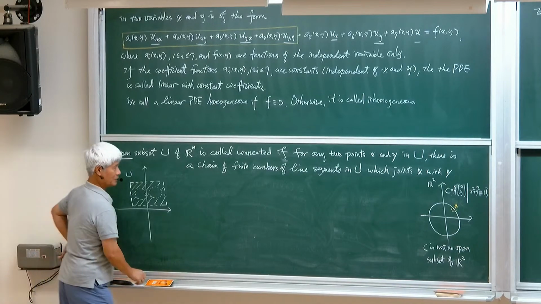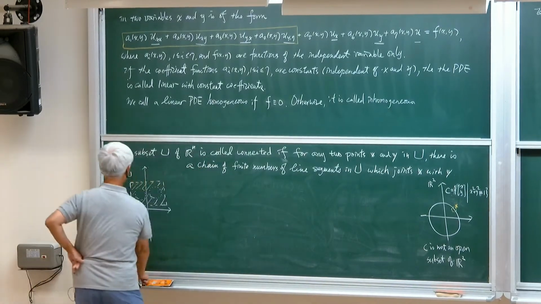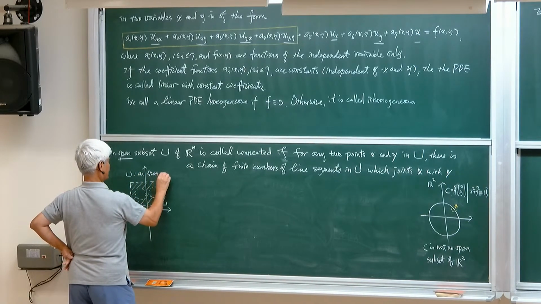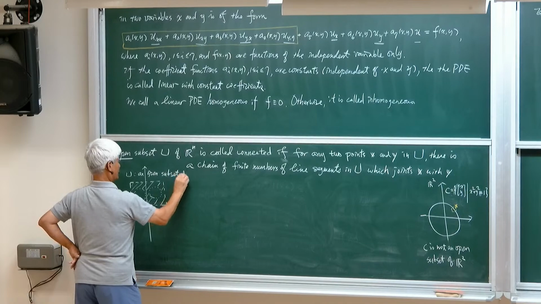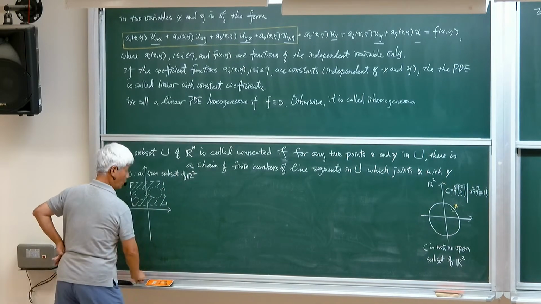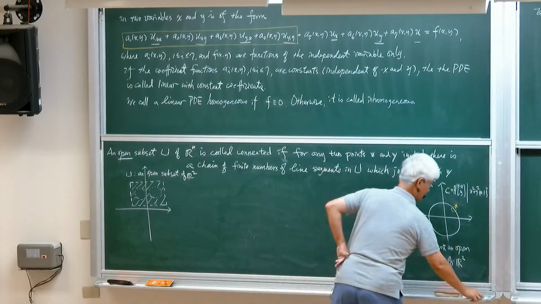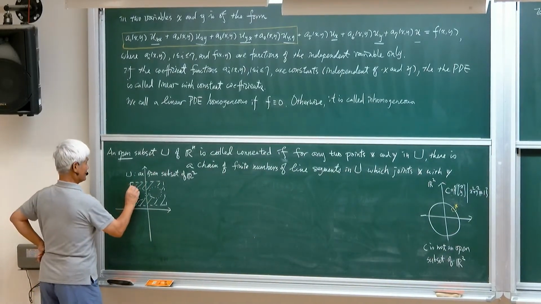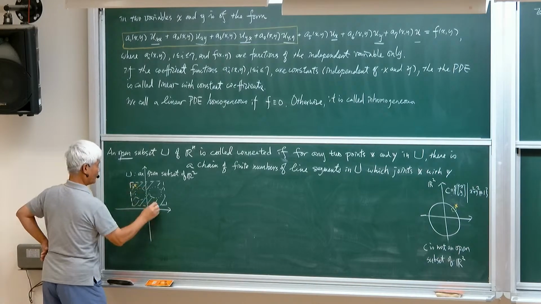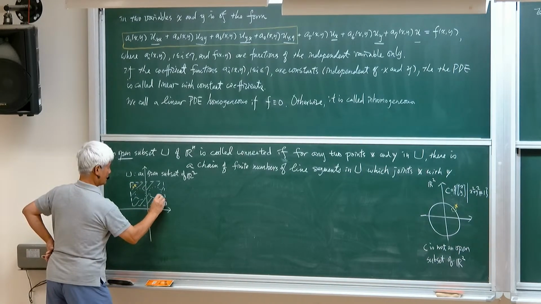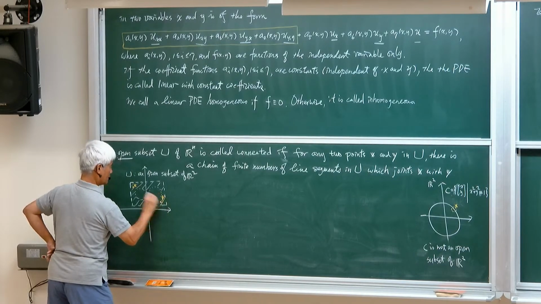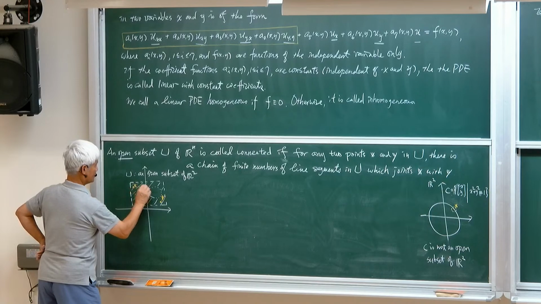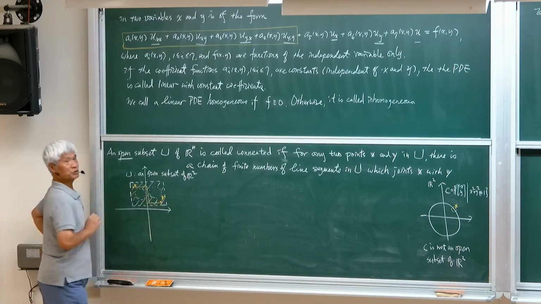This U is an open set of R square, and also it is connected. You can see it by checking that for any two points, no matter where they are, you can always find one segment to join them.